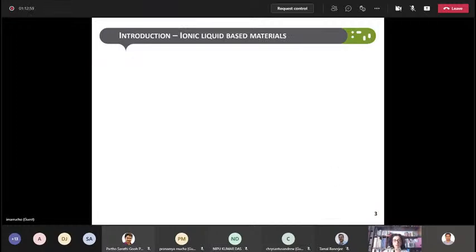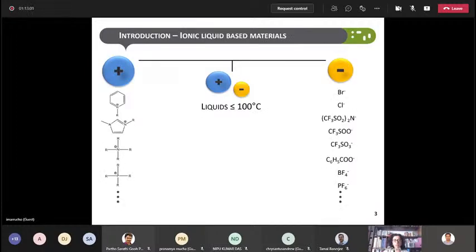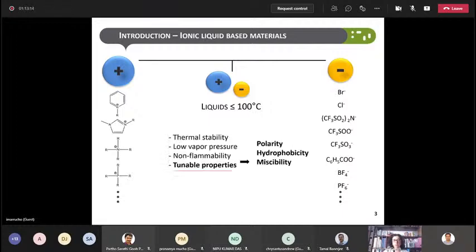And our idea was to use polymeric ionic liquids to prepare these fibers. And why would we use polymeric ionic liquids? For the reasons that I mentioned before, because they have high thermal stability, low vapor pressure. This was the first time when the ionic liquids were studied for SPME, they were studied as ionic liquids.